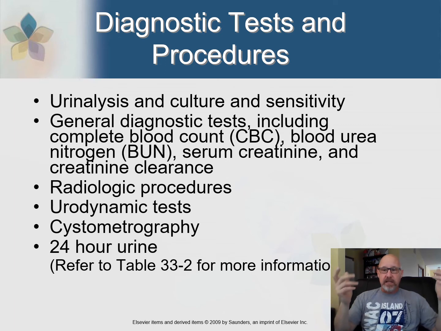That's what it's called, KUB. But more and more, with the advent of CT and the dyes, you can see so much more now with a variety of tests. And of course, don't forget your 24-hour urine.